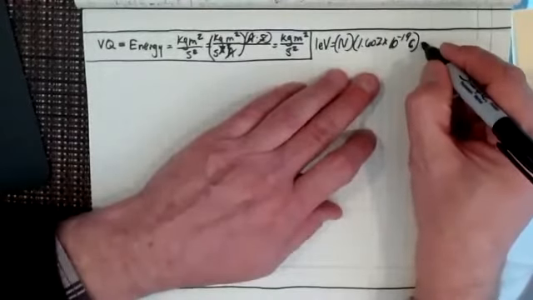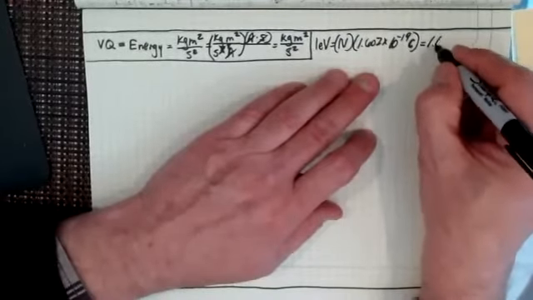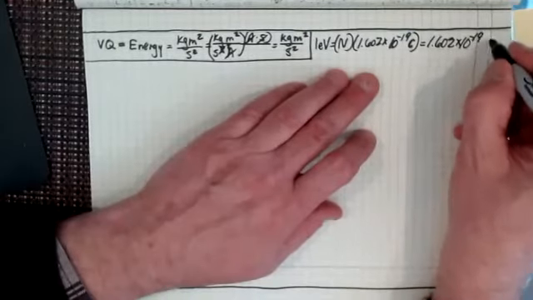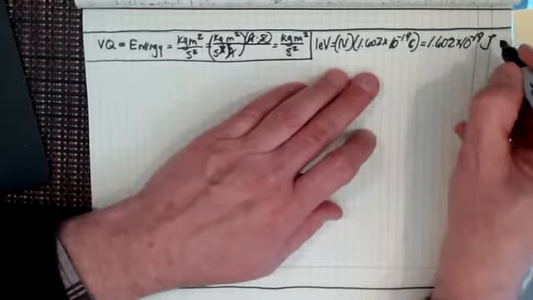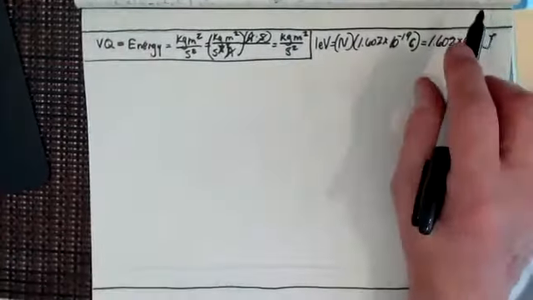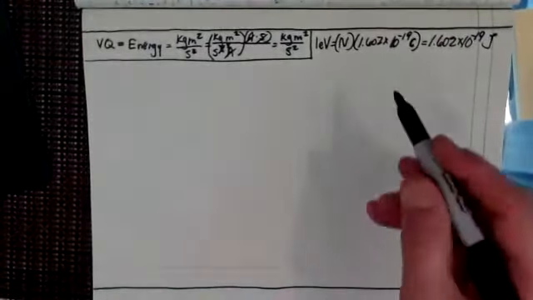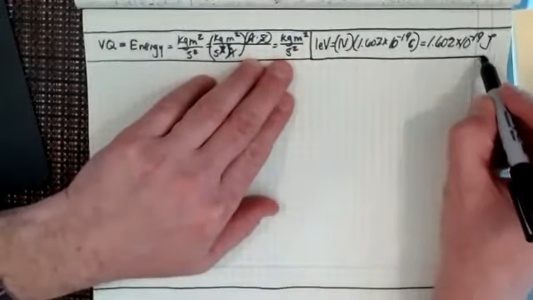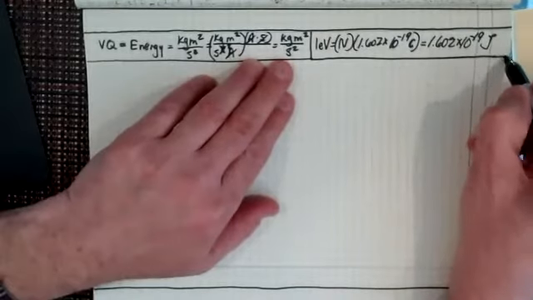And so what that gives us is 1.602 times 10 to the minus 19 joules. That's right. So an electron volt is not a unit of voltage at all. An electron volt is a unit of energy, just so that you understand that.